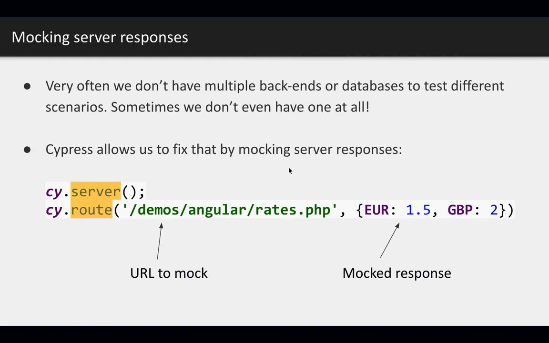And here what I'm saying is that whenever we make a request to /demo/angular/rates.php, we return the following hard-coded response. So I just hard-coded 2 different exchange rates in here, so that's what I'm going to use as a response. And then Cypress is going to do that for me. So intercept the request, replace it with that fake response, and then I can run my assertions and make sure that the exchange rate was applied properly.